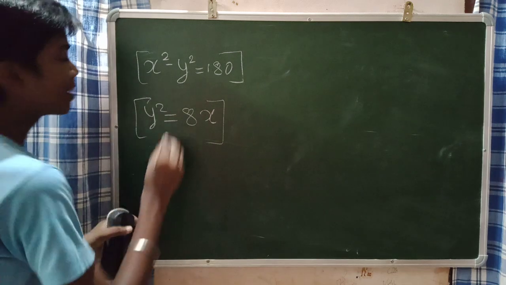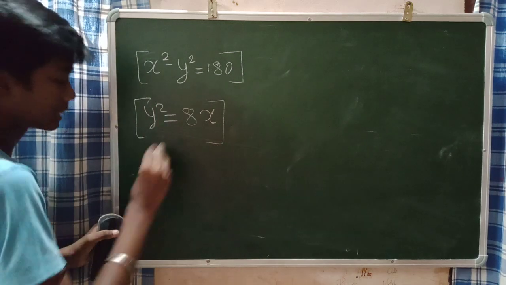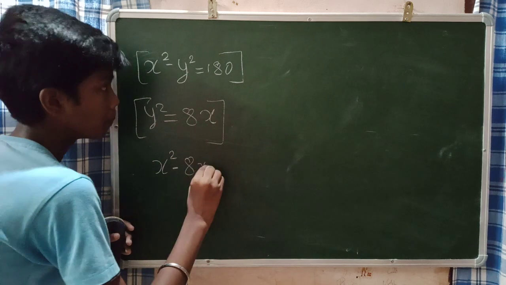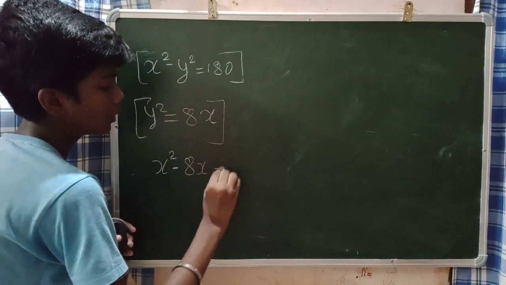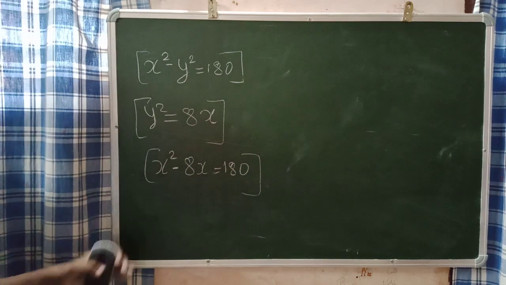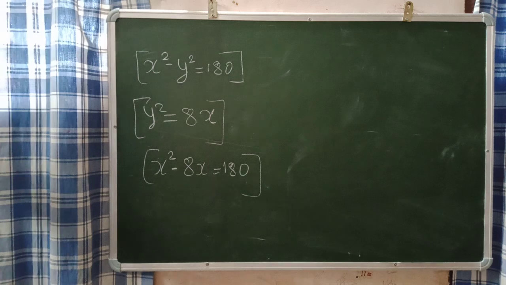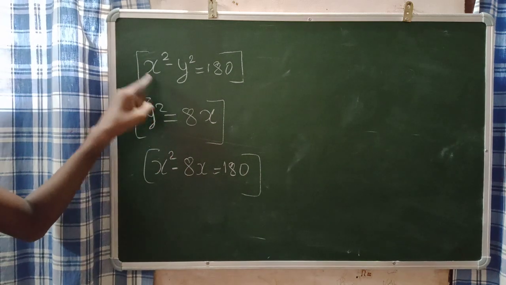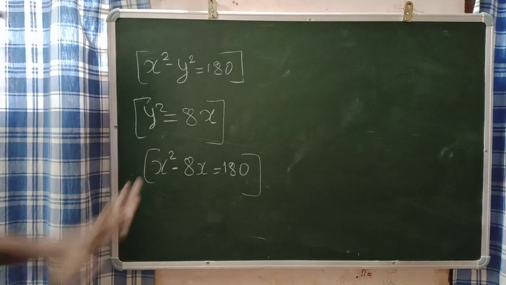If y square is equal to 8x, I can write this equation as x square minus 8x equal to 180. I am just putting this equation in this equation. When I put y square as 8x in this equation, I will get x square minus 8x is equal to 180.